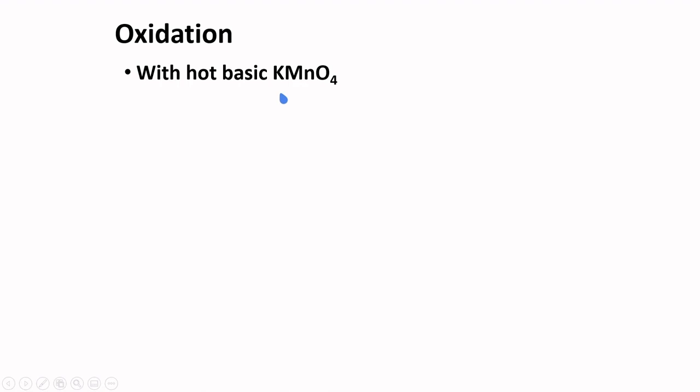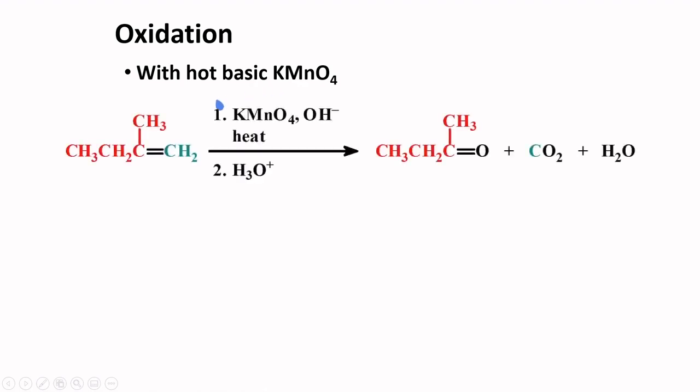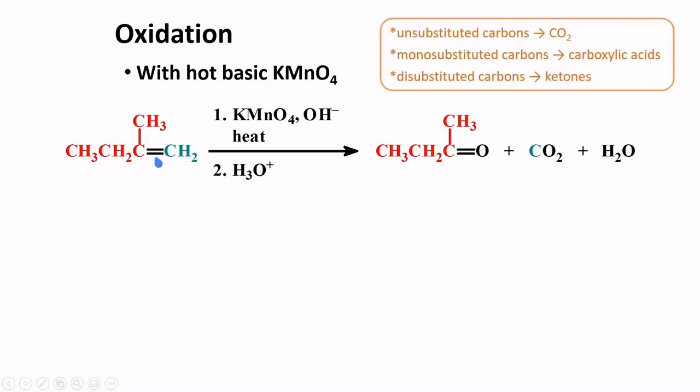Potassium permanganate is a strong oxidizing agent, and with hot basic potassium permanganate, a different set of products is formed. Similar to ozonolysis, this double bond will be cleaved. For unsubstituted carbons, carbon dioxide will be formed. This carbon is unsubstituted, so it will form carbon dioxide.